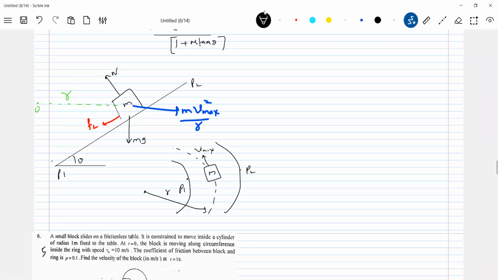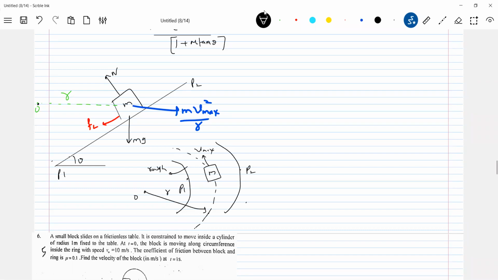Let this be the radius R. Okay, fine. It's rough. This is a point. Now try to equate here again.